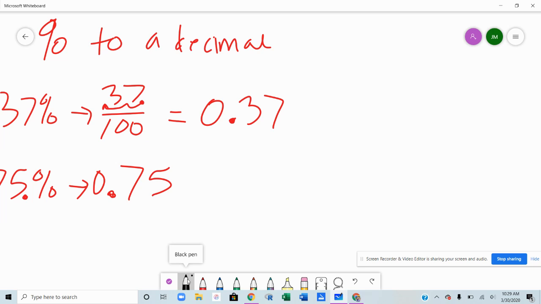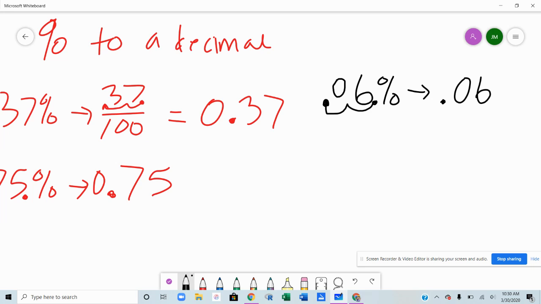If I said 6% as a decimal, okay, your decimal is currently here. You need to move it 2 places, 1, 2. There's this imaginary 0, so 6% is 0.06.